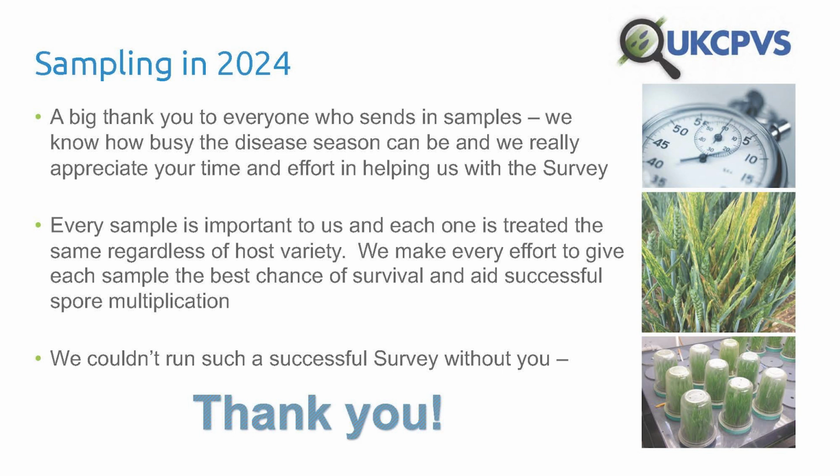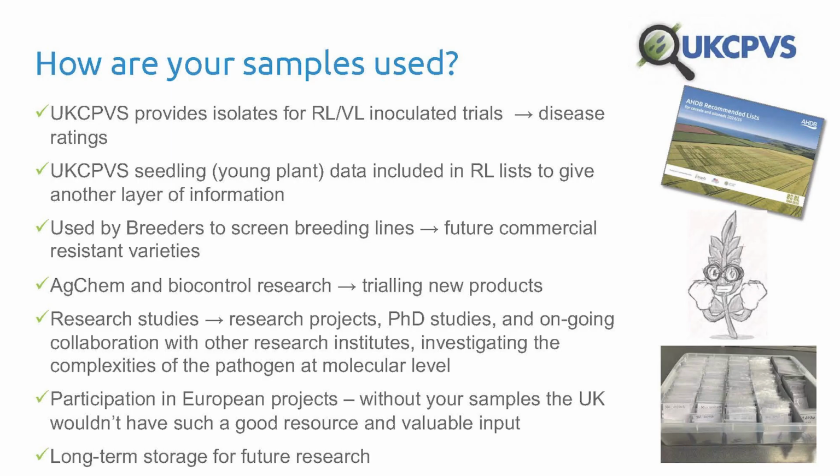They're all treated the same to aid successful spore multiplication. And just to highlight some of the ways that the samples are used, obviously we run the survey, we provide information, we characterise the isolates, but ultimately we use the information to select isolates that are on the inoculated recommended list and variety list trials, and these produce the disease ratings for the recommended list, but they also are used to inform which varieties pass through the variety listing process as well.